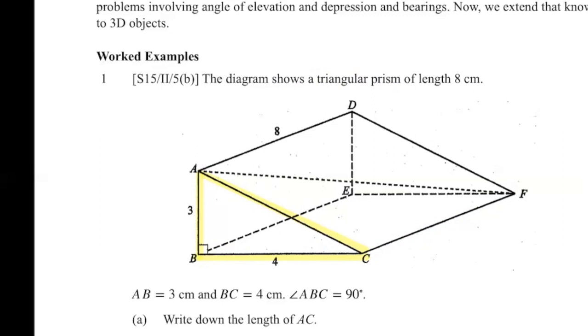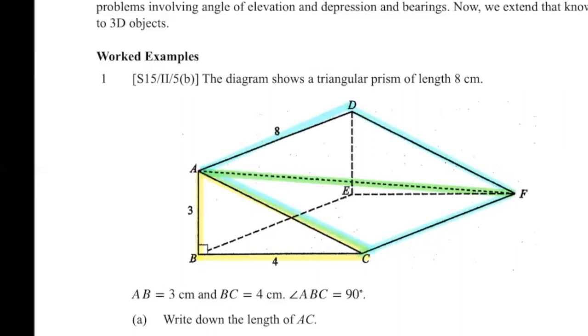Okay, now what about AF? AF over here is the diagonal along the sloping surface, the sloping rectangle ACFD. First and foremost, you need to recognize that it is part of this sloping rectangle over here.